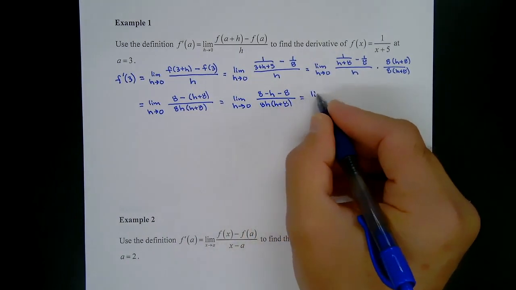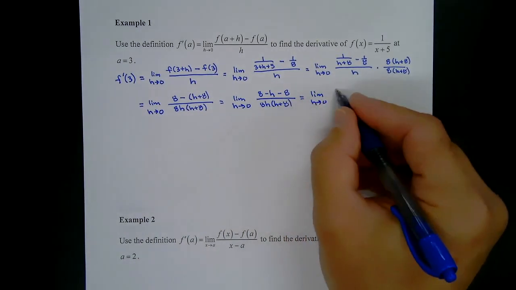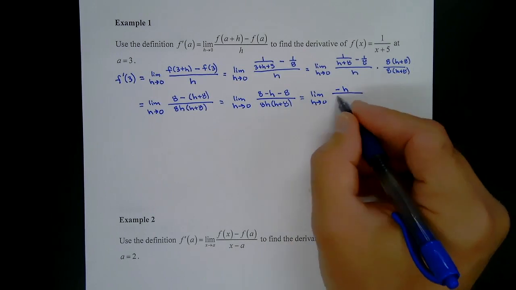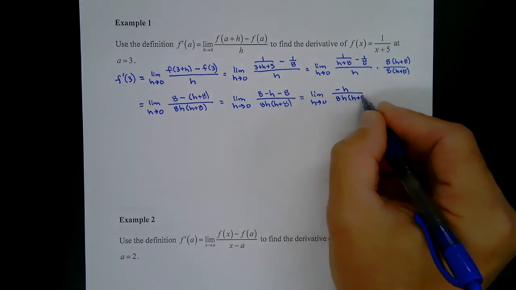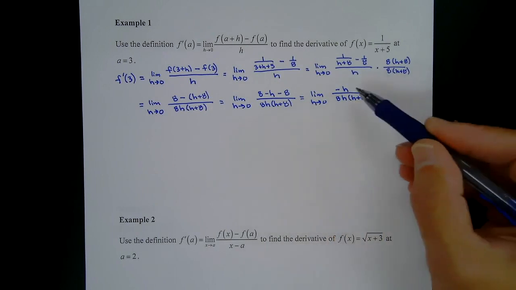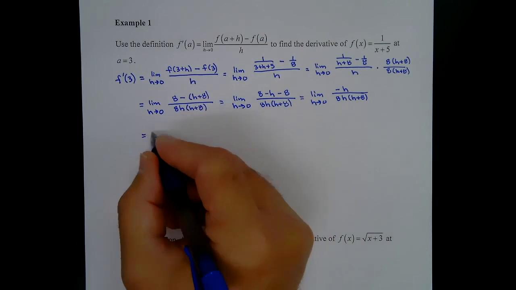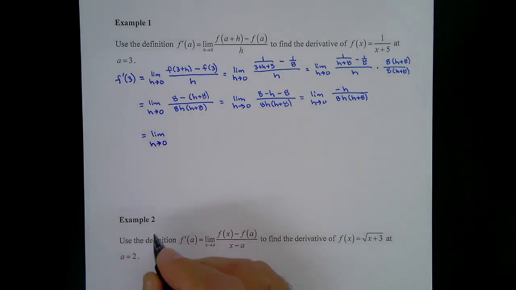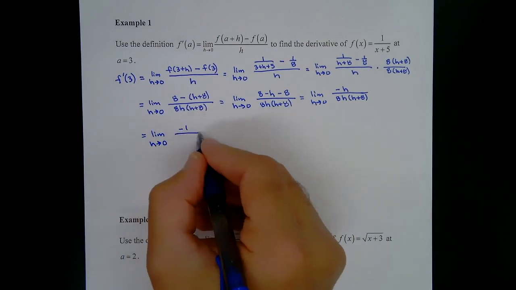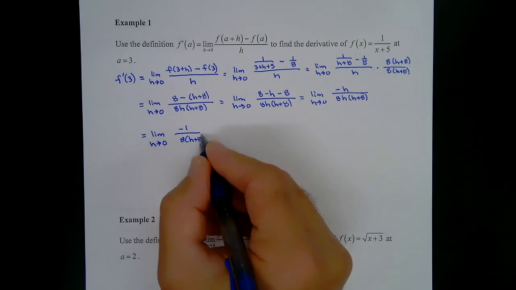This becomes the limit as h approaches 0 of negative h over 8 times h times the quantity h plus 8. Here my h's are going to cancel, and so I'm left with the limit as h approaches 0 of negative 1 over 8 times h plus 8.